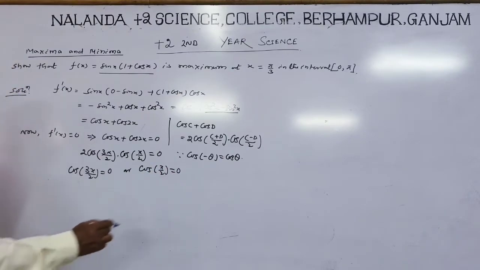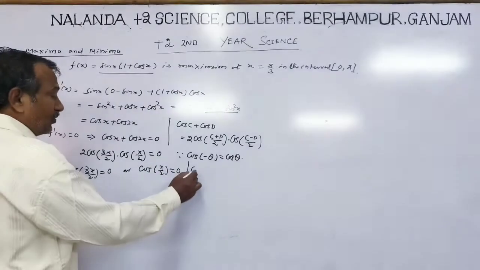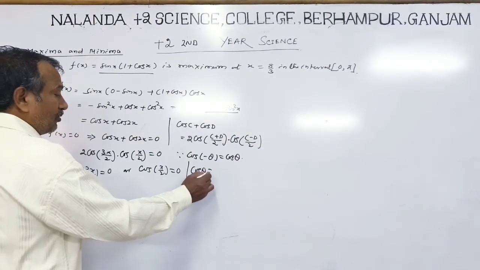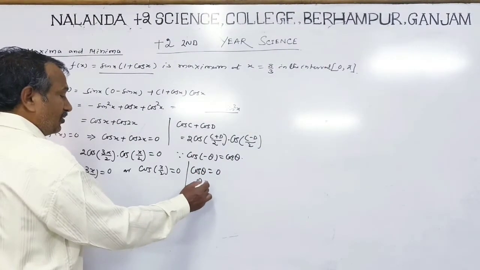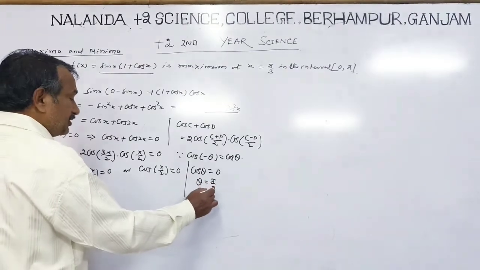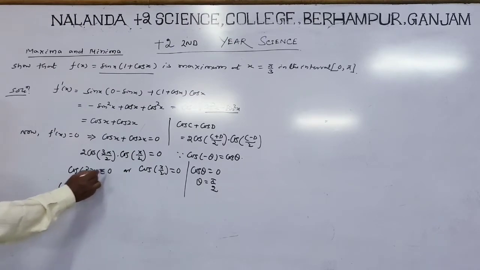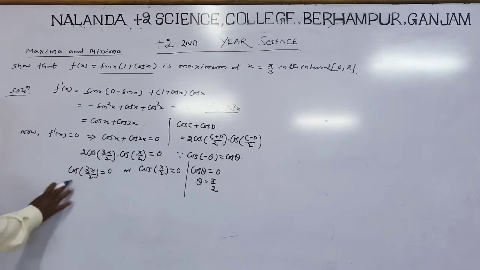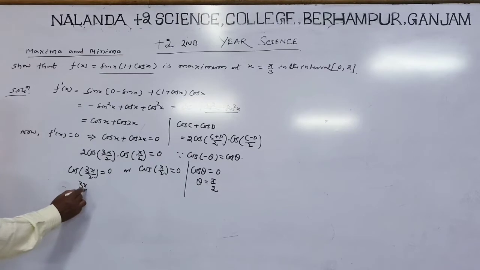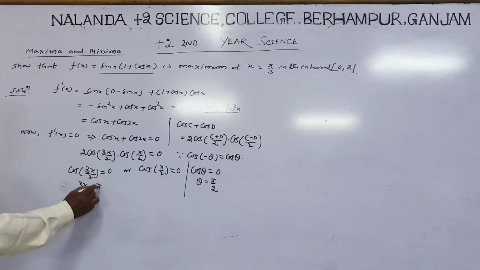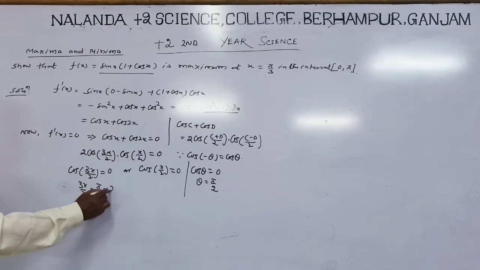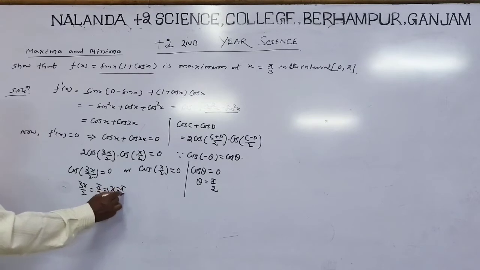Now we know that if cos theta equals 0, then theta equals 90 degrees, that is pi by 2. So here, 3x by 2 equals pi by 2, so x equals pi by 3.